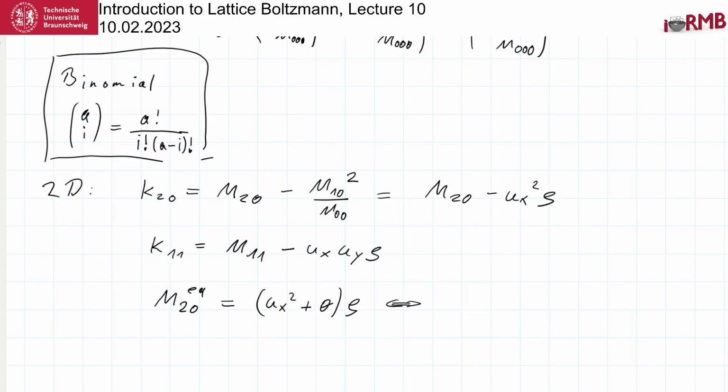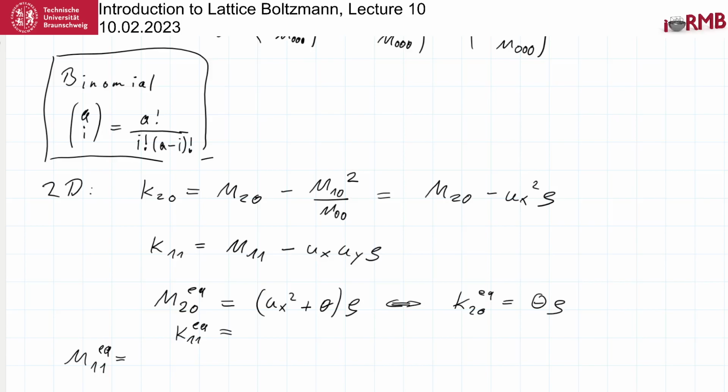So for the K20 equilibrium, what is this? This is theta rho, because we subtract the ux squared rho. So the central moment is only the thermal energy and not the kinetic energy. Similarly, what would be K11 equilibrium? What do you think it is? What is M11 equilibrium?